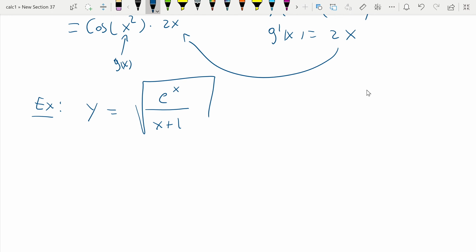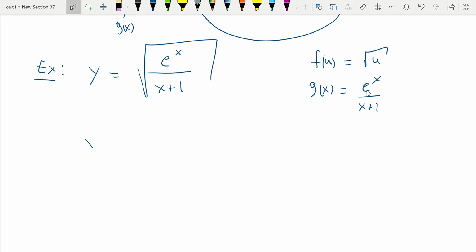What is the outside function? F of u is simply the square root of u. We're computing the square root of some expression here, and what's inside the square root is the inside function, and that's e to the x divided by x plus 1.